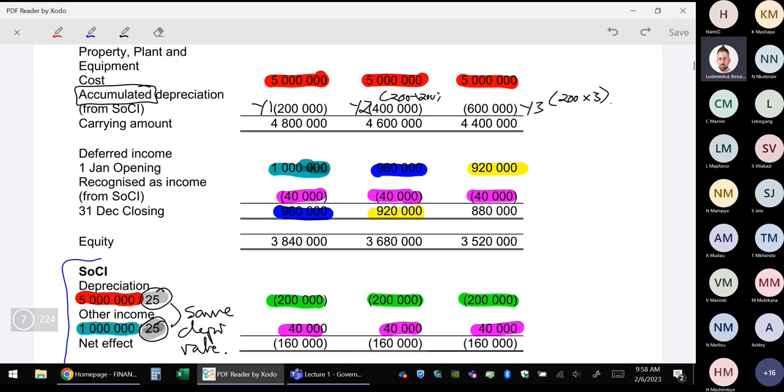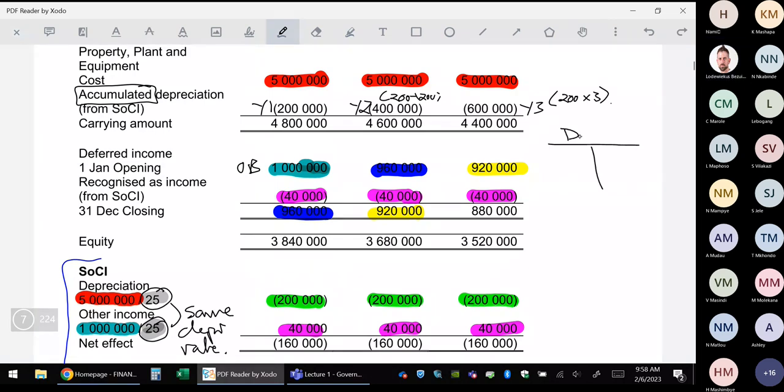So the opening balance for the deferred grant income is 1 million less the 40,000 we recognized. So remember, deferred grant income is a credit account of 1 million because we debit the bank when we get the money and we credit the deferred grant income account.